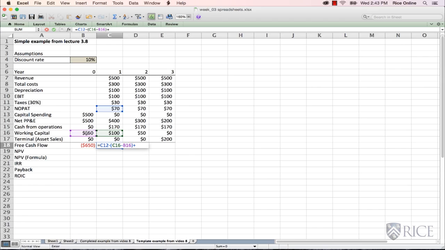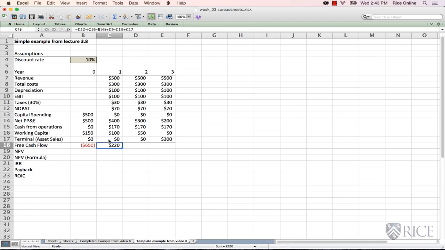And then I'm going to add back depreciation because that money never really left. I'm going to subtract any capital expenditures, some capital spending. There's nothing there, but I'll subtract it anyway for completeness. And then I'm going to add back any asset sales or terminal values. Again, there won't be anything till the end, but I'll add it in each formula for completeness. Okay, so there's my free cash flow calculation, and that comes out to 220.